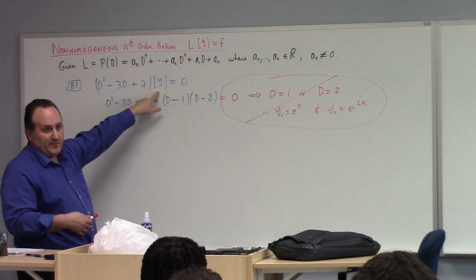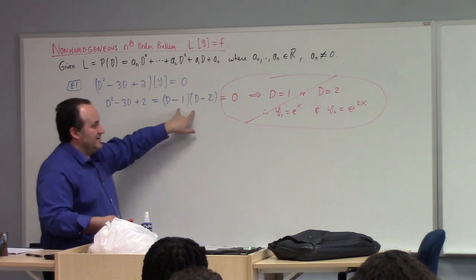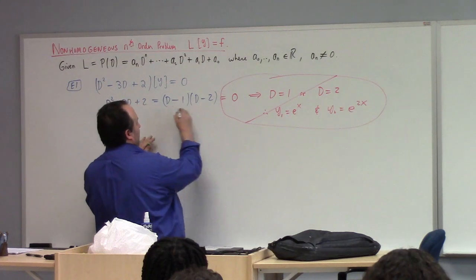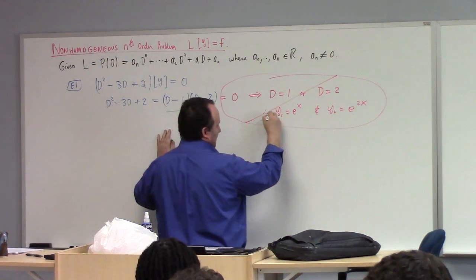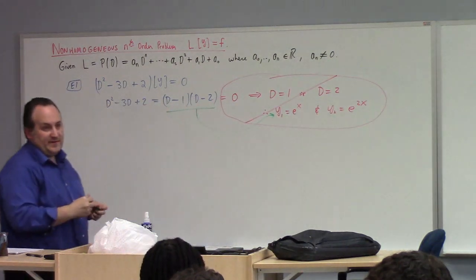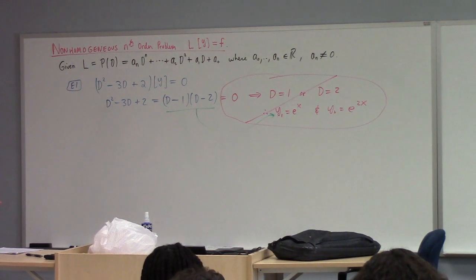There's a theorem we used that said, if this is the case and that factors like that, then I can go straight from this to that. That's fine, that's true. But I cannot write this here, because that is not true. We cannot say an operator is equal to 1 or an operator is equal to 2, unless we're talking about the constant operator, just multiplication by 1 or multiplication by 2. That would be okay, but that's not what we're talking about.